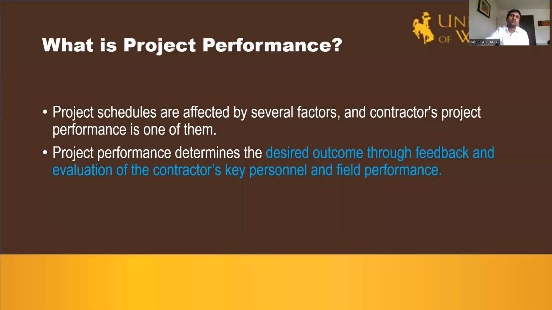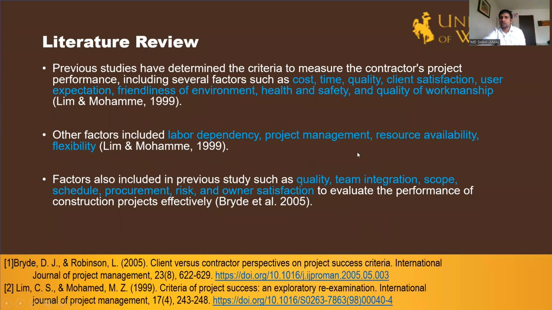We mainly focused on project performance, and the project performance determines the desired outcome through feedback and evaluation of the contractor's key personnel and field performance. We went through the background study and noticed that previous studies have determined criteria to measure the contractor's project performance, including several different factors such as cost, time, quality, client satisfaction, friendliness of environment, health and safety, and quality of workmanship.